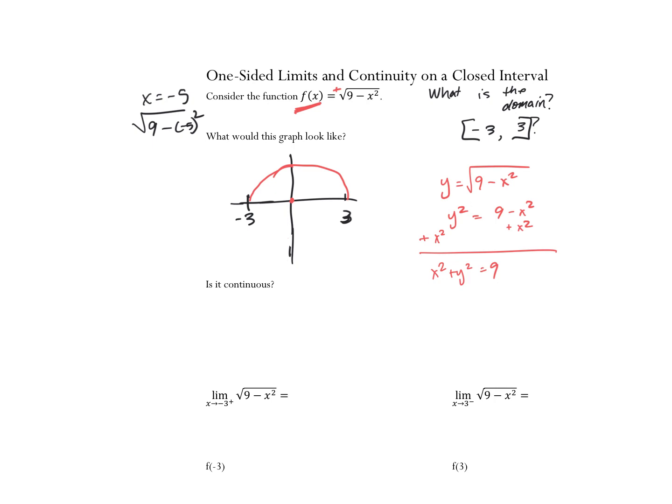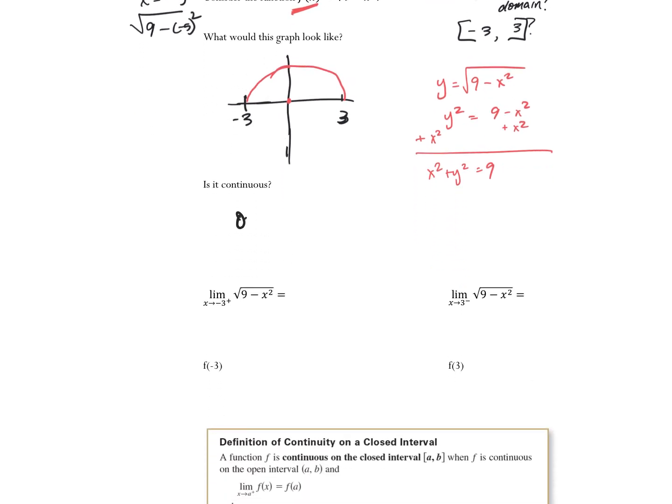So we haven't really talked about one-sided limits yet. I don't want to call it a finite domain because it's not really finite, because there's an infinite amount of numbers in between -3 and 3, okay? But it is still a bounded domain. Because it's bounded, the limit doesn't exist on both sides of those bounds.